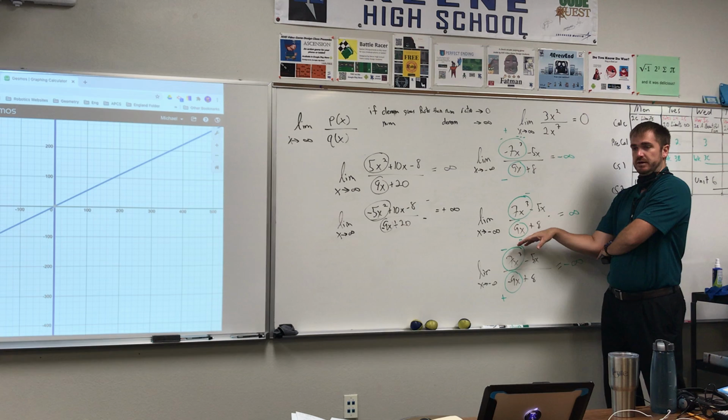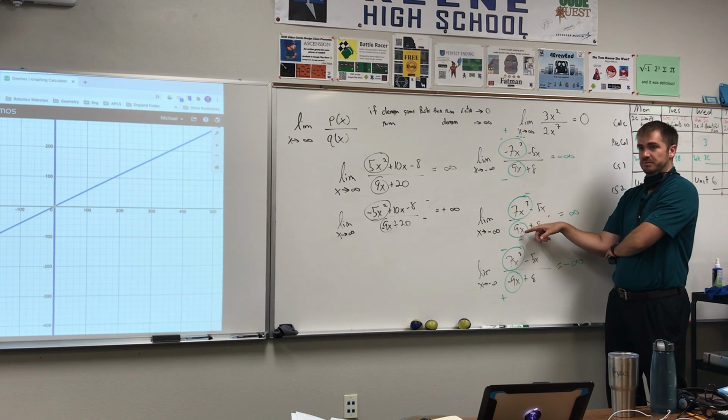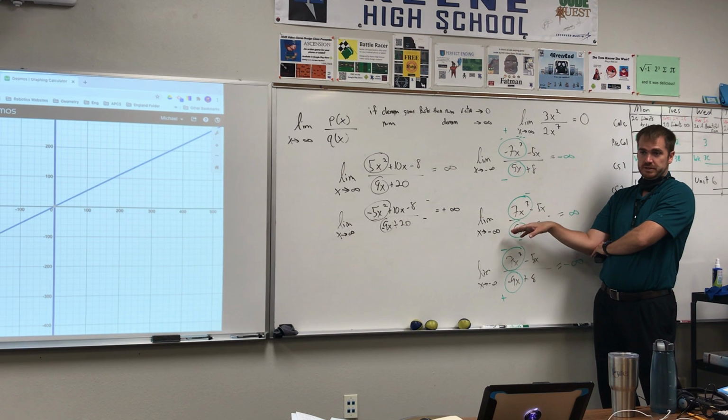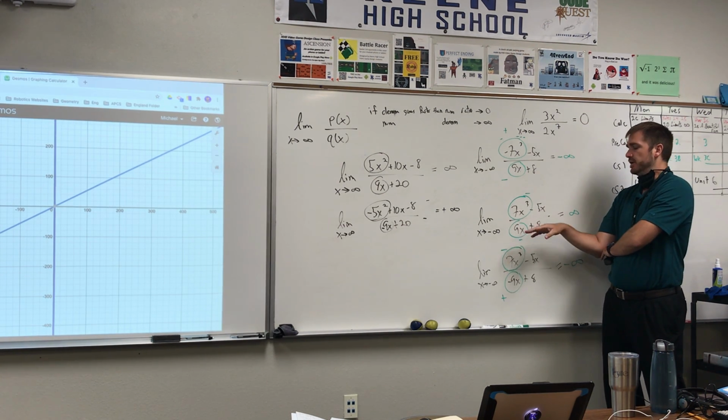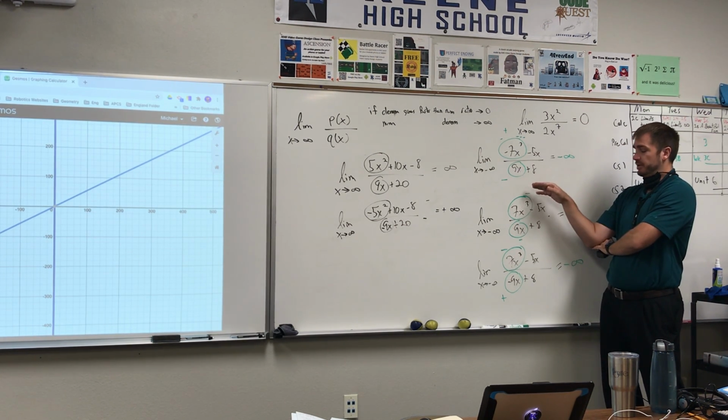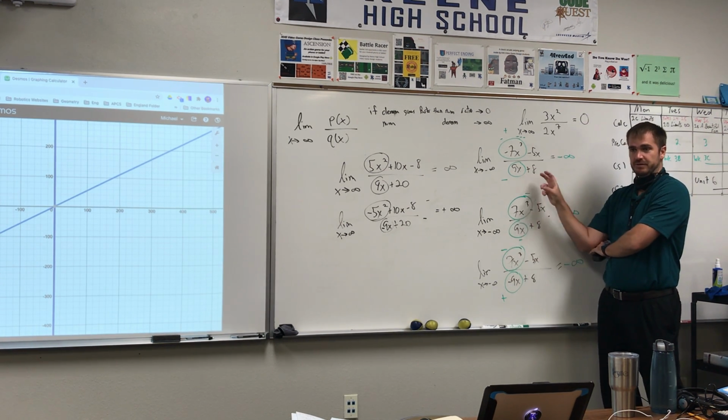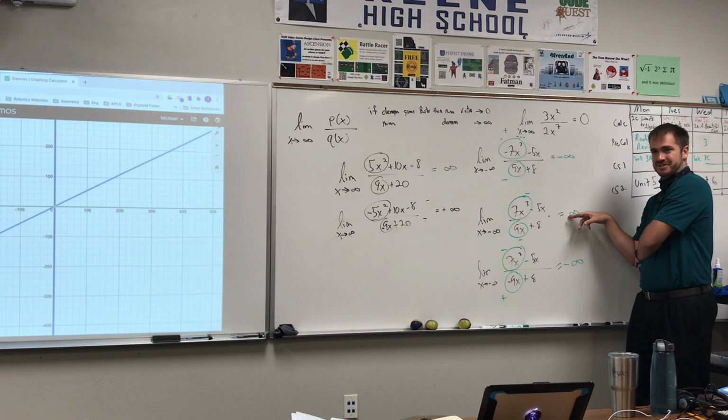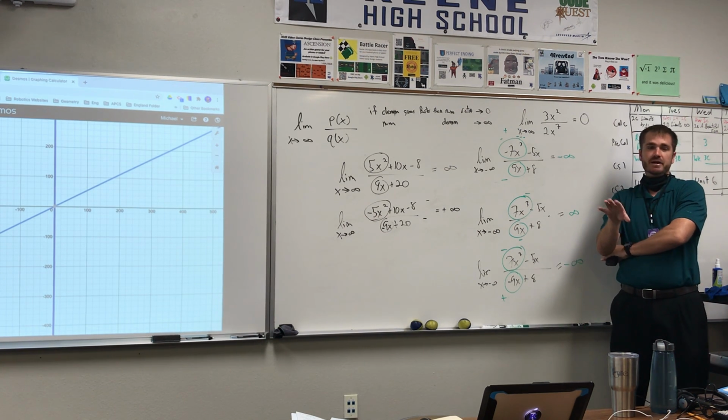Then you do the same analysis for the denominator: look at the x term, figure out if it's going to be positive or negative, look at the coefficient, multiply those two together, and then compare the numerator sign with the denominator sign. That's going to tell you the answer. There's no other way around it.